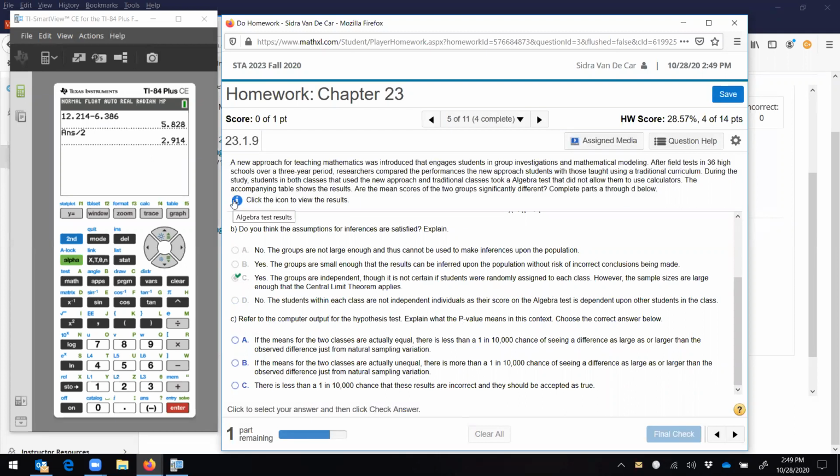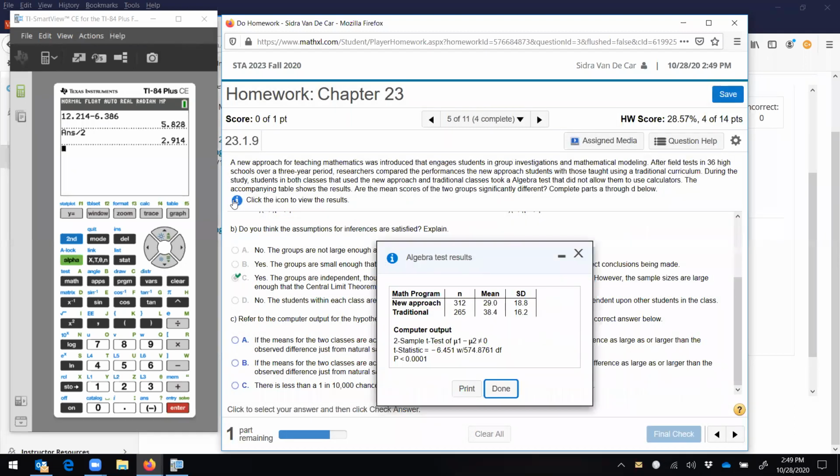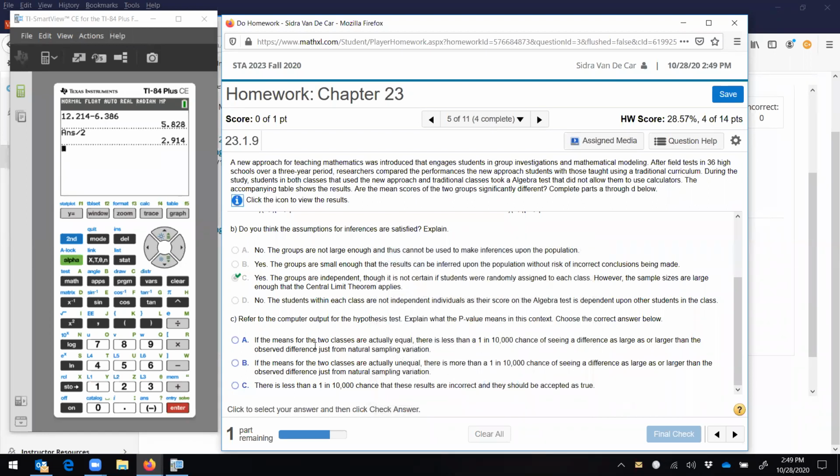Okay, here's our results. So this p-value, 0.0001. That looks good.